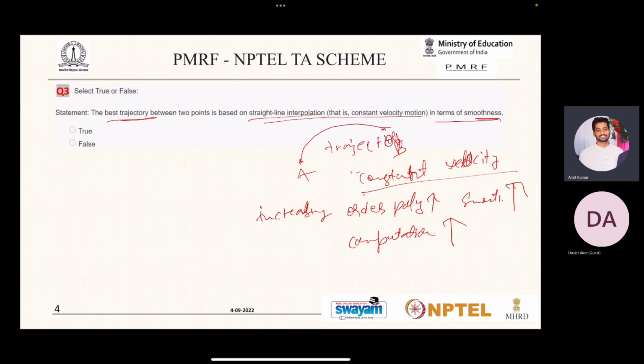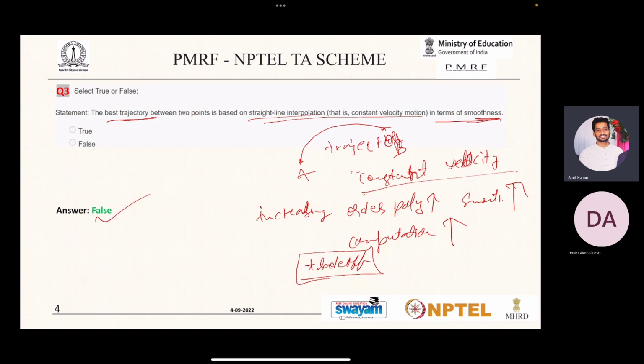You always have a trade-off, and you have to choose what you want: you want your smoothness to increase, or you want to look into the computational capability of the robot or the system which you have. Based on that, you make a decision. But in any case, this is not the best in terms of smoothness. So the correct answer for this question is false, which is written here.